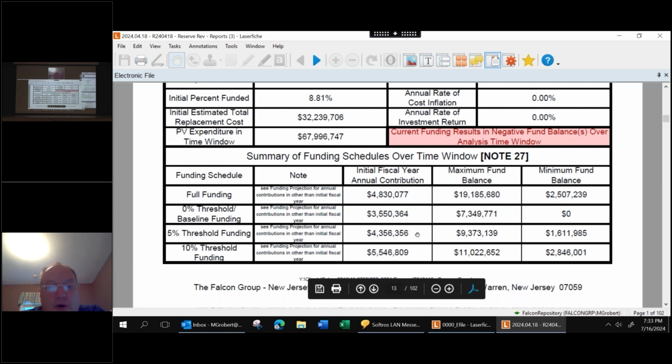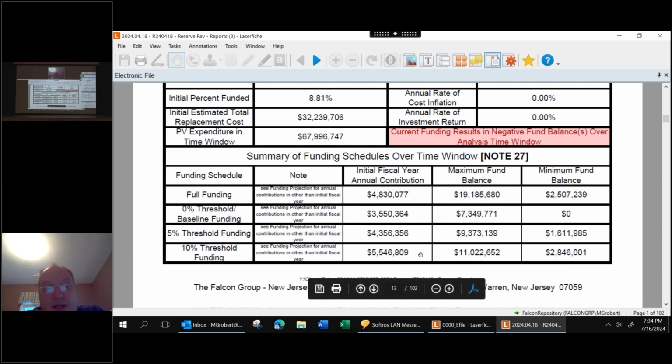At no point over the 30-year term will your balance go below 5% of the $32 million. That's the 1.6 million you see here on the right. At no point, and I'll show you that in a second on the projection sheets, will your balance go below 1.6 million at the 5% threshold funding level. Now, you're not going to put in 4.3 million over the full term, which I'll show you in a second. This is the initial fiscal year.